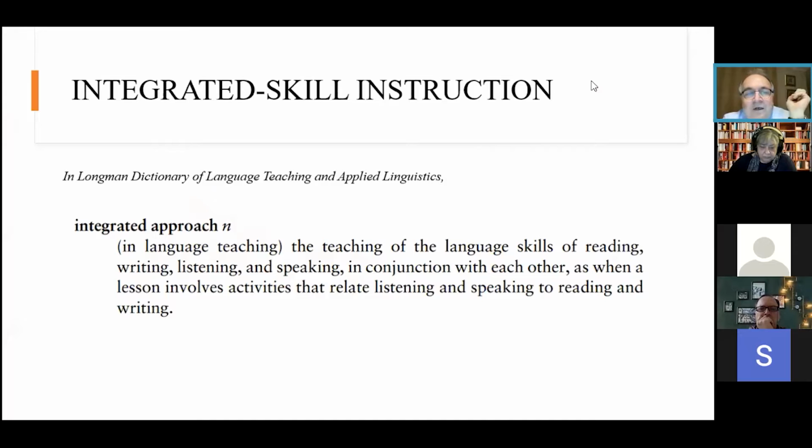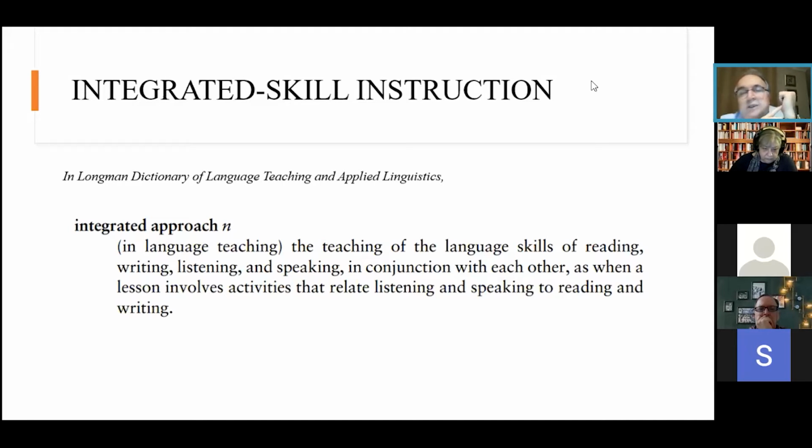As you see here, in language teaching, integrated approach means the teaching of the language skills of reading, writing, listening, and speaking in conjunction with each other, as when a lesson involves activities that relate listening and speaking to reading and writing. I believe this is a clear definition of integrated skill instruction.